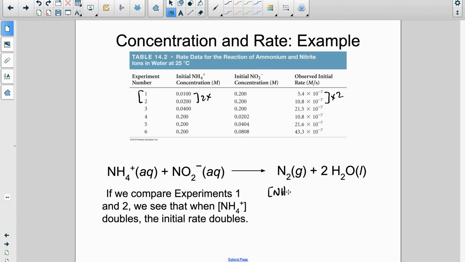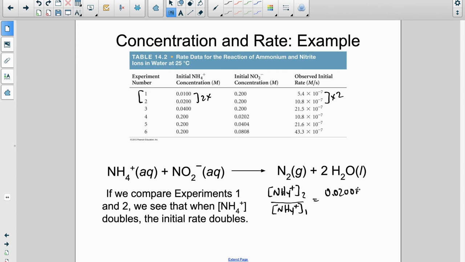Let's see what happens to the NH4 plus in the second experiment, and see how many more times the concentration is changing. If we take the second over the first, and I always put the larger number first because I'd rather deal with larger numbers than decimals, I put in 0.200 molar over 0.100 molar.